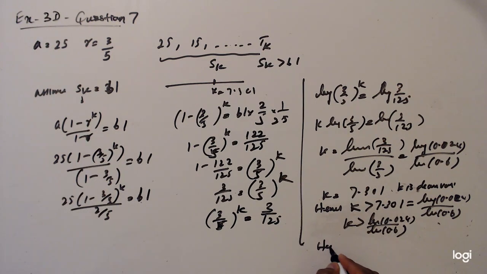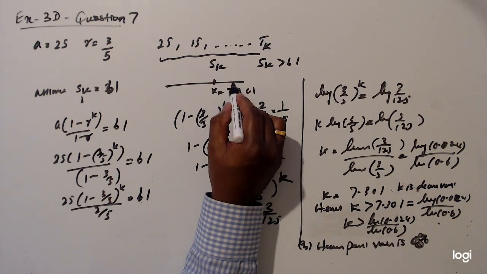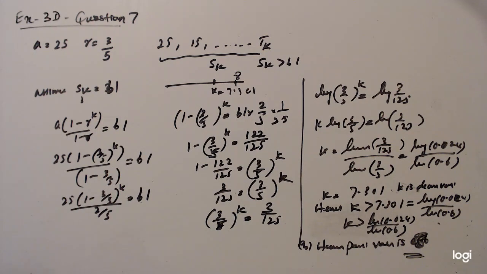Hence part B, the possible value is 8. The possible value is 8. Actually, there are more possible values, 9 and 10 as well. So you have to find the least, hence the least possible value is 8.